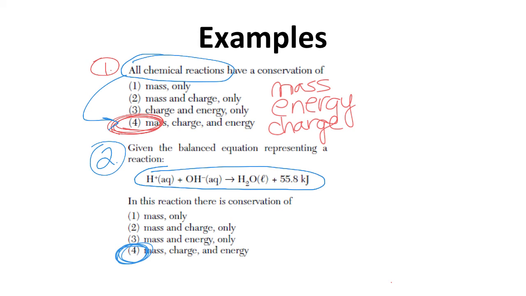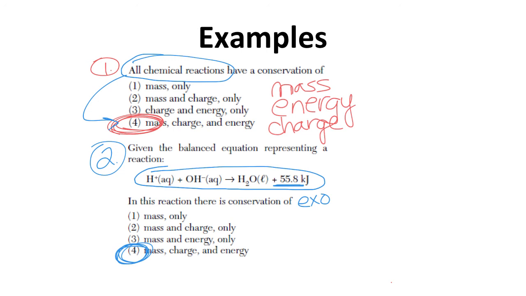Now, this question's a little bit trickier because we do see the heat over here indicating that we have an exothermic reaction, meaning that that heat was released, but that heat did not just magically appear, it came from somewhere. So you had chemical energy being converted to heat energy.